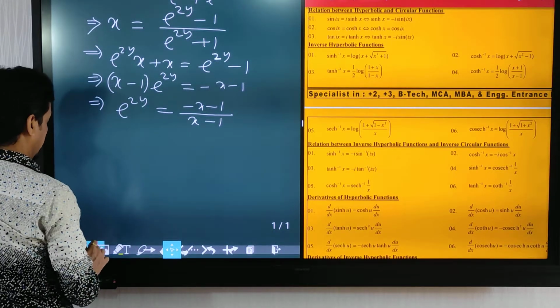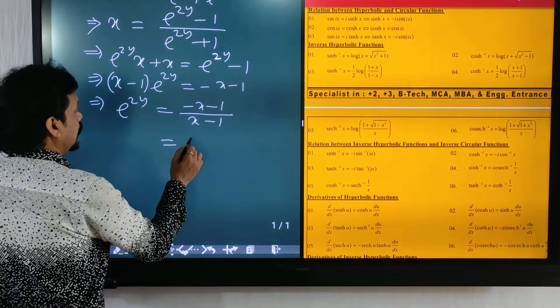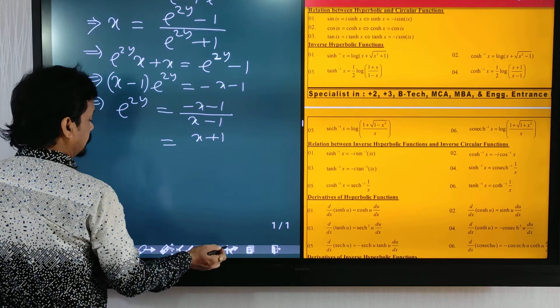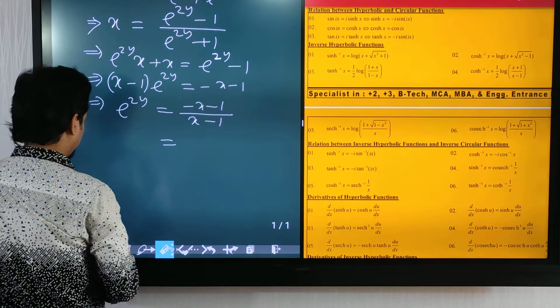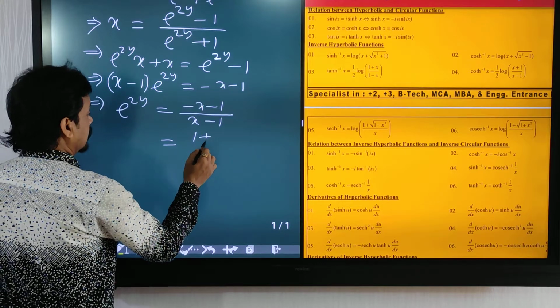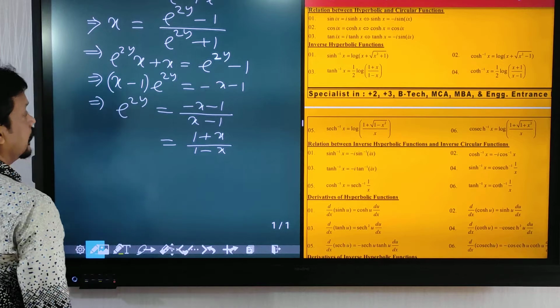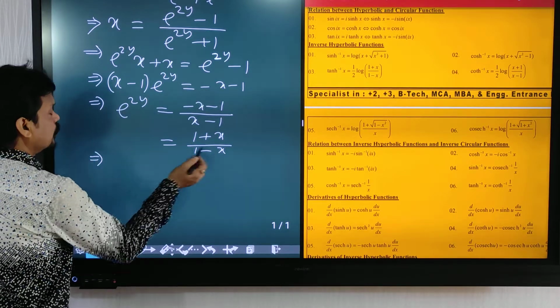Now simply multiply minus to numerator and denominator, it will become, I am writing, it will be better for you, 1 plus x divided by 1 minus x. Clear? Now, e to the 2y is equal to this one.